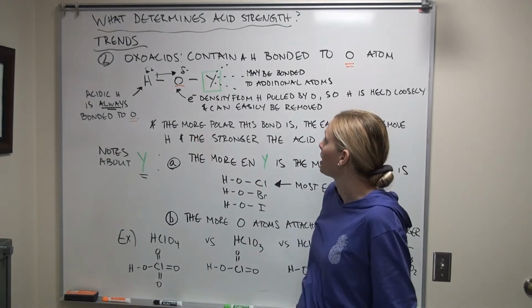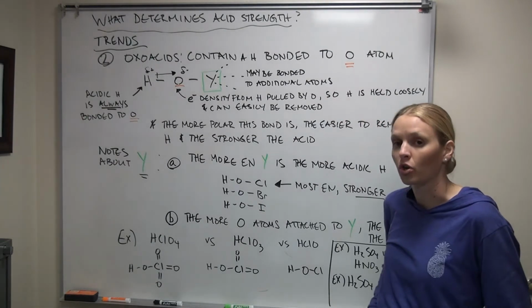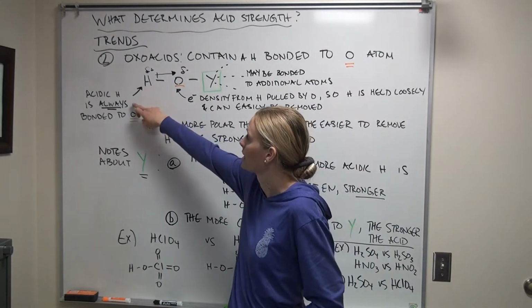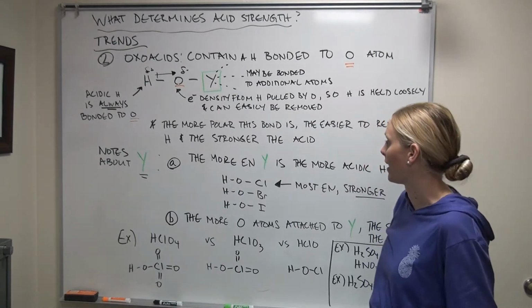So the more polar the OH bond is, the easier it is to remove the hydrogen, and the stronger the acid will be. This hydrogen bound to the oxygen atom is always the acidic one.